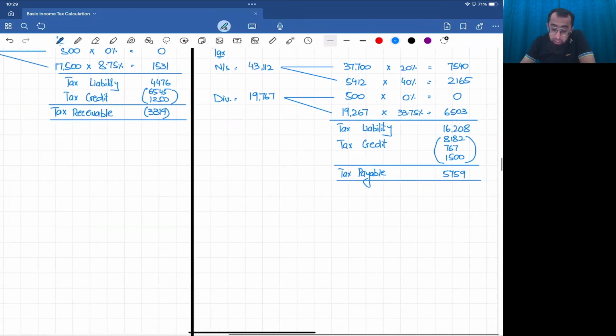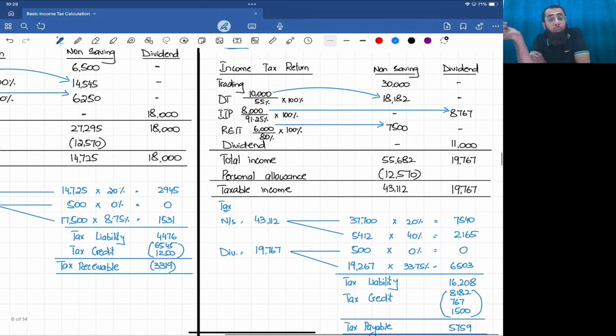Let me repeat it again. If you look at this question, it was just about looking at the withholding taxes carefully. Trading income is a simple non-saving income. Discretionary trust, 45% withheld, divide by 55 multiplied by 100. Interest in possession, dividend source, 8.75% withheld. Real estate investment trust, 20% withheld. Dividend goes in the head of dividend.